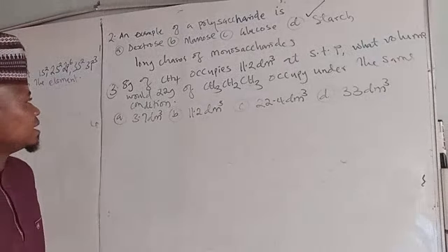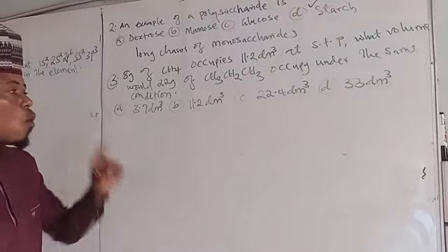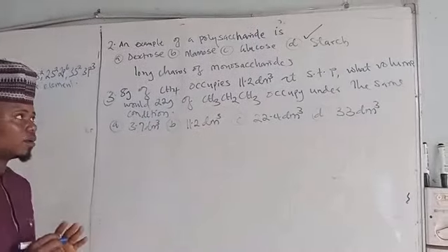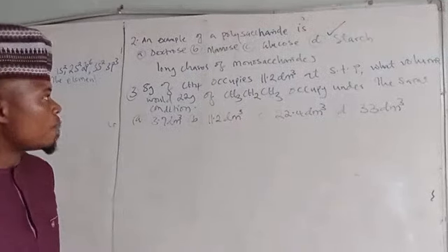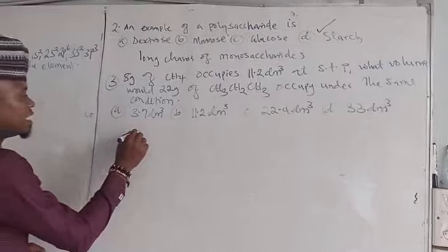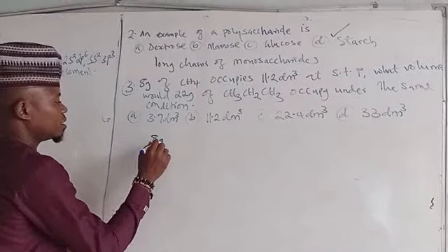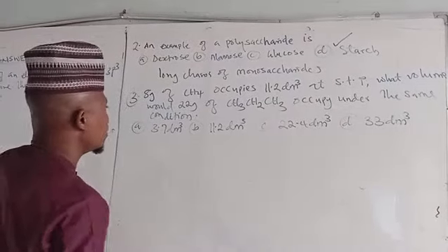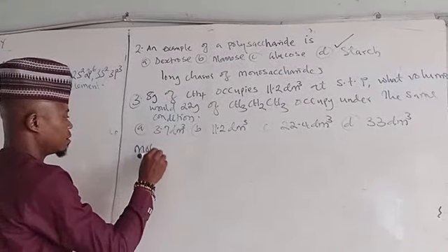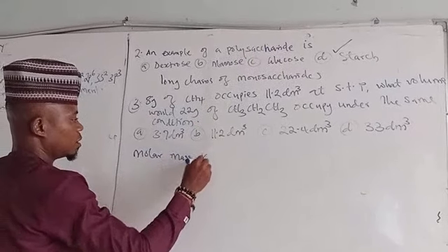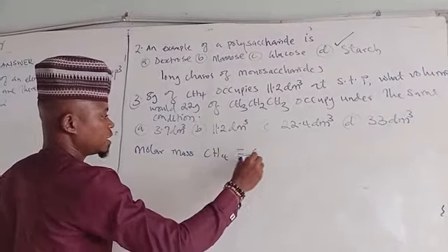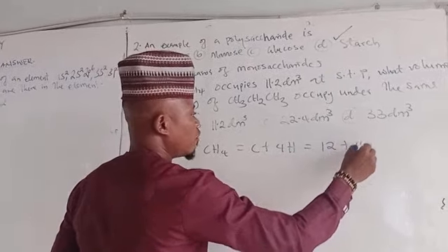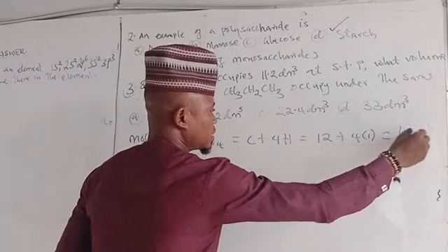Now, the number one thing is you have to know that 1 mole of a gas at STP occupies 22.4 dm³. So let's calculate the molar mass for these two substances first. Molar mass of methane, CH4, equals C plus 4 hydrogen, which is 12 plus 4 times 1, and this equals 16 grams per mole.